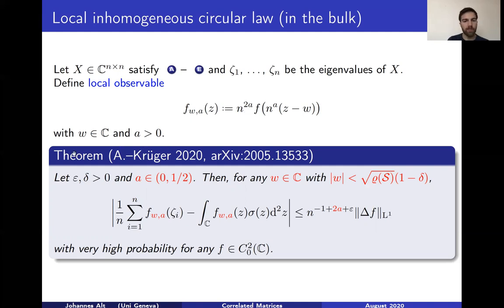The theorem that I proved together with Torben Krüger is the following. We assume that the shift w is in the bulk spectrum of X. So that means we have to stay away from the edge of the disk with the radius square root of the spectral radius of S. That's imposed by this condition here. And we take an a between 0 and 1/2.